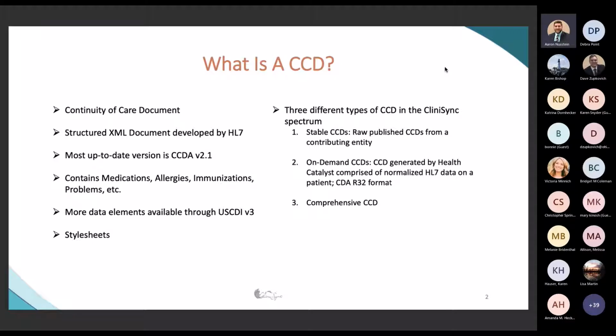And that makes it a little bit more useful than just sending HL7 messages back and forth. It's a little bit more of a singular, robust piece of data that a clinic or a hospital can use to view all of that data in a singular space.